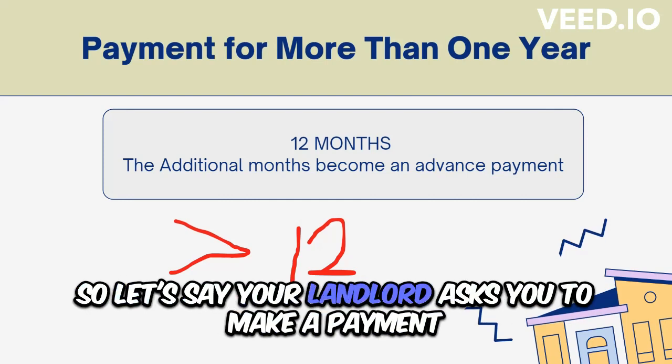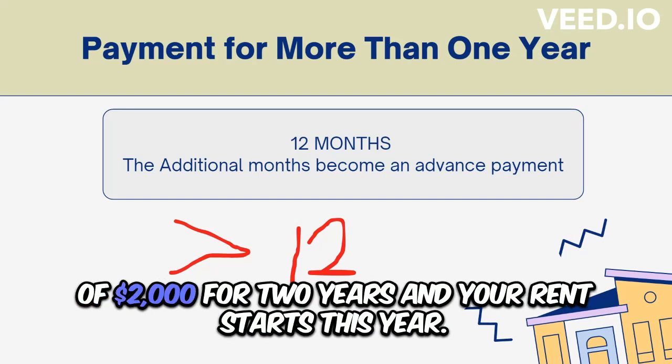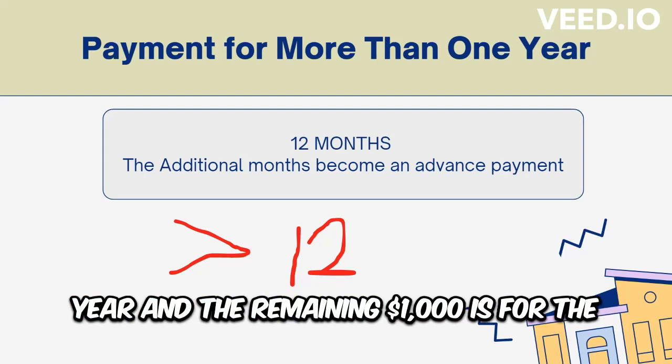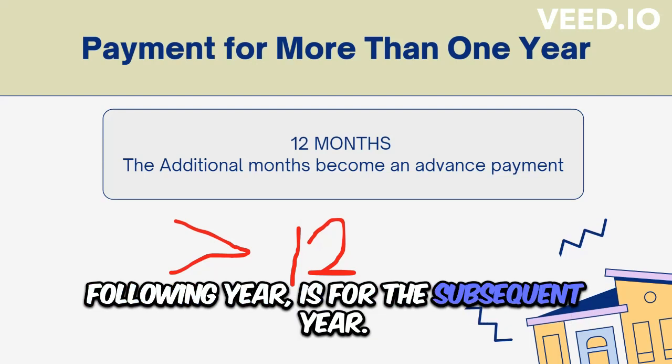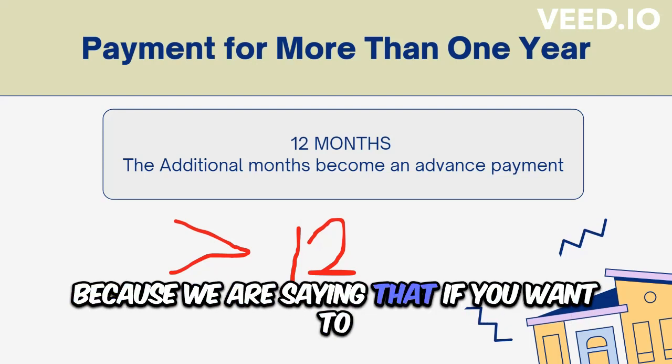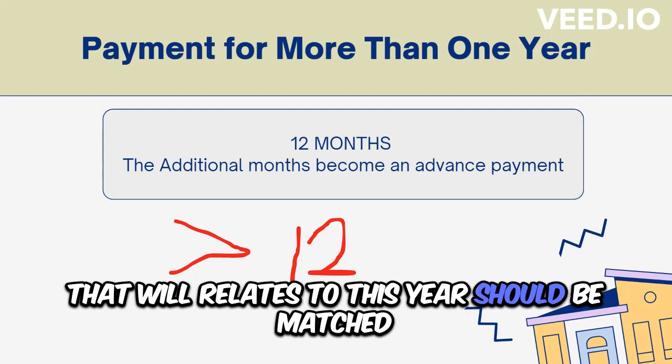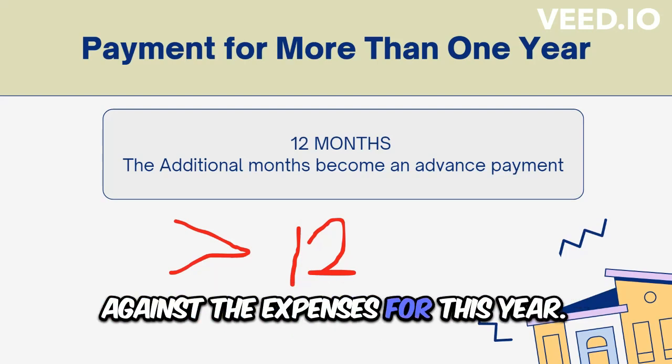So let's say your landlord asks you to make a payment of $2,000 for 2 years, and your rent starts this year. In accounting, you only report $1,000 for this year, and the remaining $1,000 is for the subsequent year, because if you want to determine our profit and loss, then all the expenditure that relates to this year should be matched against the revenues for this year.